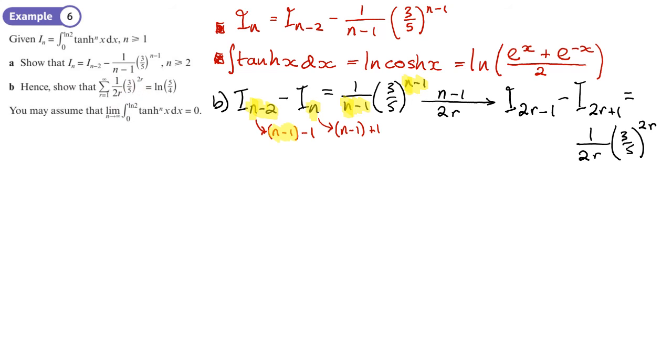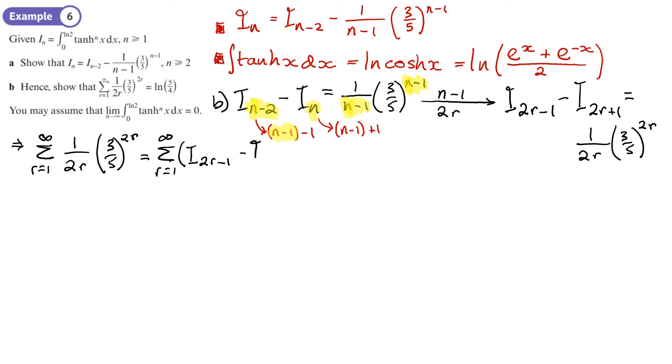So now we'll have the sum from r equals 1 to infinity of 1 over 2r times 3/5 to the power 2r, which is the same as this sum from r equals 1 to infinity of I sub 2r minus 1 minus I sub 2r plus 1.